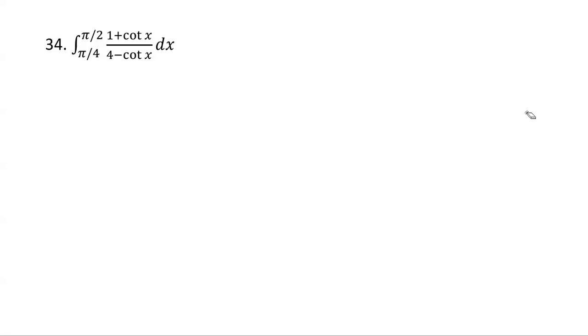Okay, so let's let u be cotangent x. du would be, what is du? That's minus cosecant squared x dx. I don't see a cosecant squared in the integral, so maybe let's rewrite this: 1 plus cotangent squared theta is cosecant squared theta.